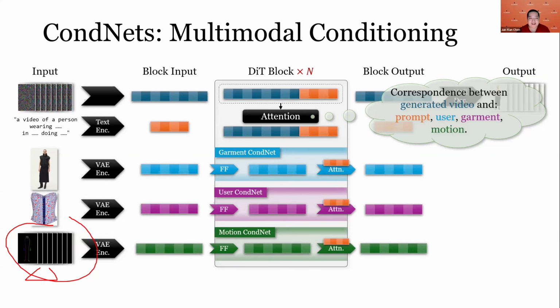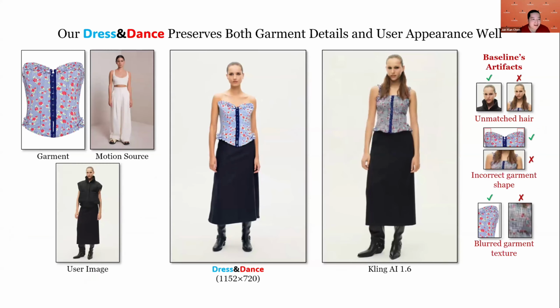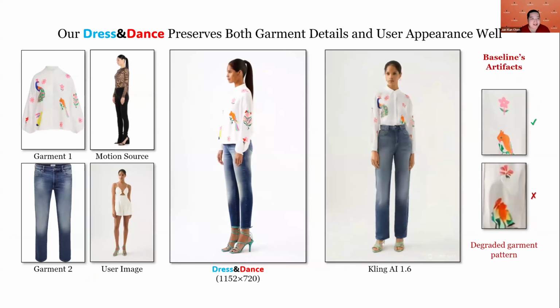So in certain situations, for example, the motion source can just be a different person, or even, for example, here, the motion source is rotating statically. So in this case, I think the model will be able to do well with this reality process.